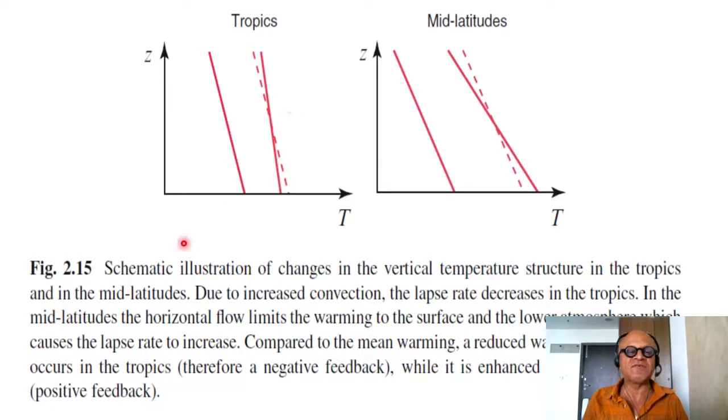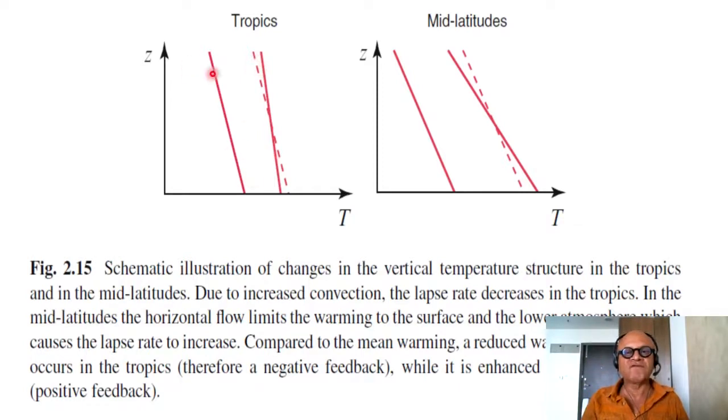So what is the lapse rate feedback? Here is the schematic illustration of the changes in the vertical temperature structure in the tropics and in the mid-latitudes. So you expect the tropics to be less steep. Deep convection is mixing up the atmosphere, taking the heat into the upper atmosphere and warming the upper atmosphere with condensation heating and other things.